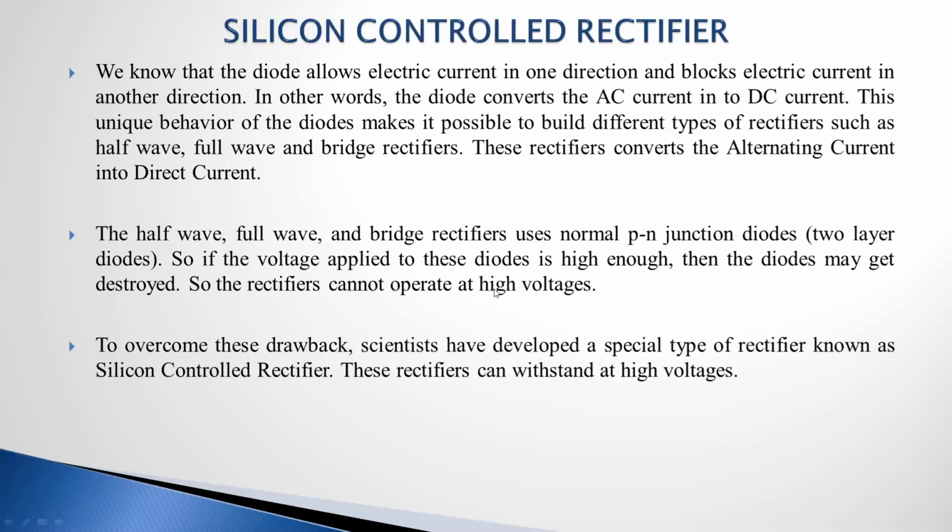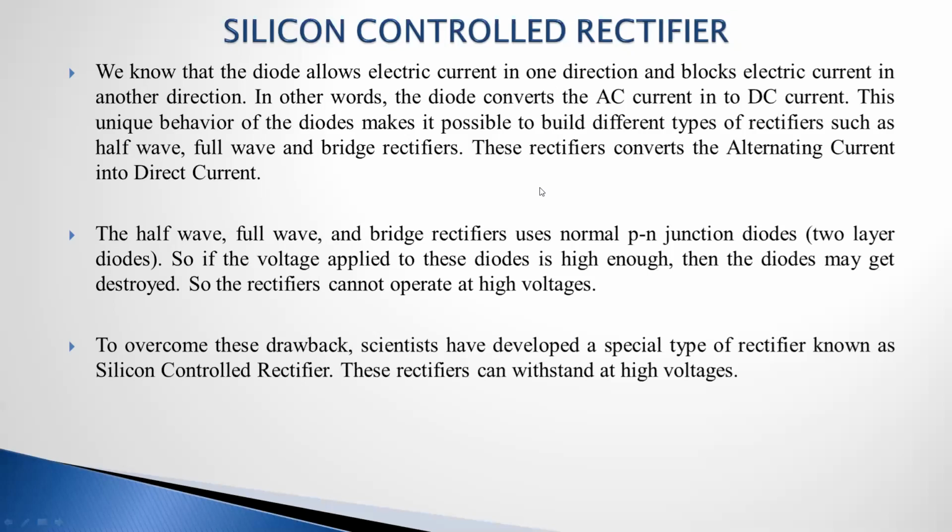The diodes can rectify from AC into DC, but not with high voltages, because the diode operates at normal voltage levels. If a high voltage is applied to the rectifier, all the diodes may get damaged, because the diodes cannot operate at high voltages.